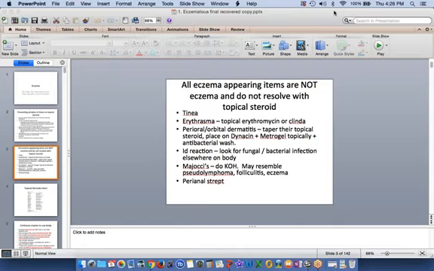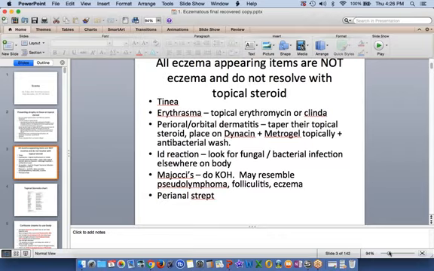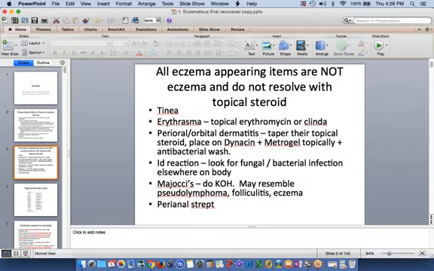Okay, so the first thing we always have to know is that sometimes appearances are deceiving, and because of that, everything that might appear to be eczema may not be eczema. So you have to make sure that you're not dealing with either tinea caused by fungus, erythrasma that's caused by a bacteria, Malassezia furfur, and then of course perioral dermatitis, which in my opinion is really a form of eczema.